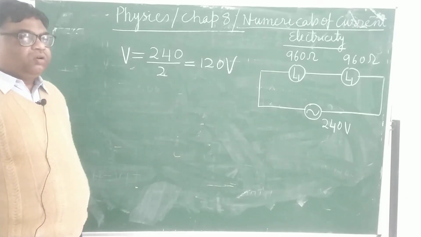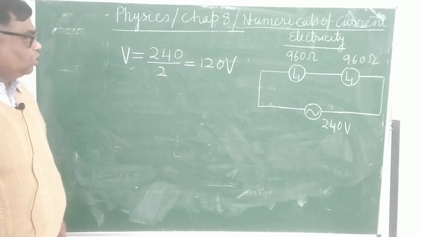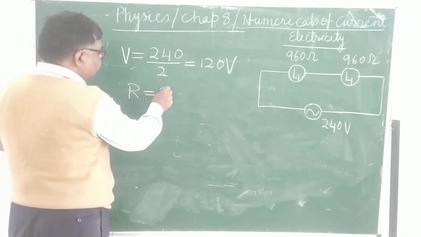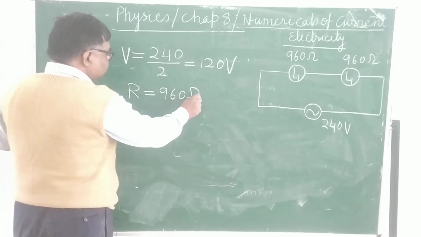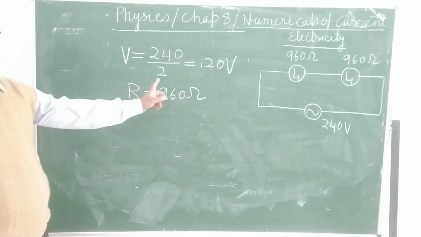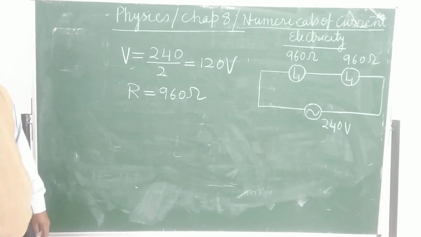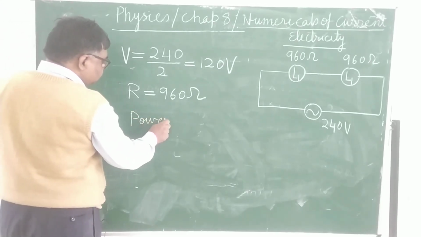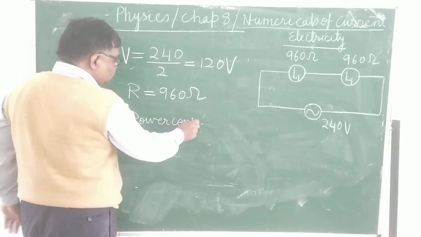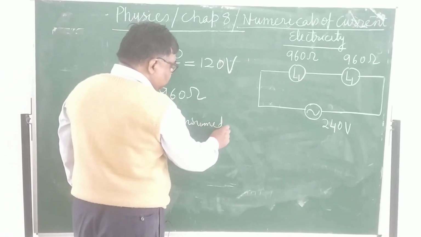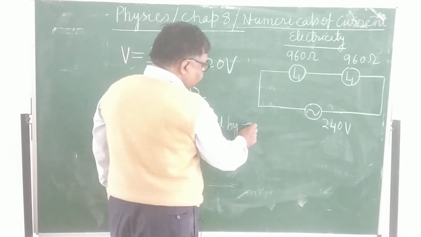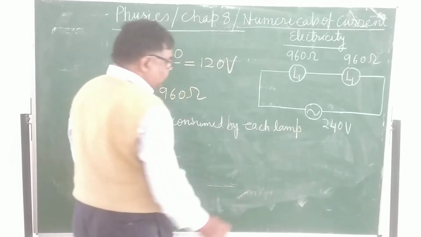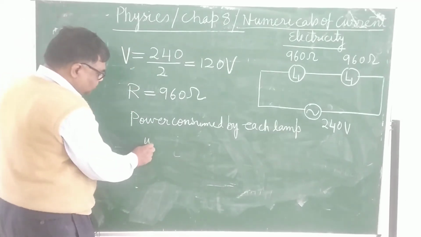Now see here, what will be the power consumed now? Already you have calculated the resistance of each lamp, 960 ohm. So what will be the power consumed by each lamp when connected in series?